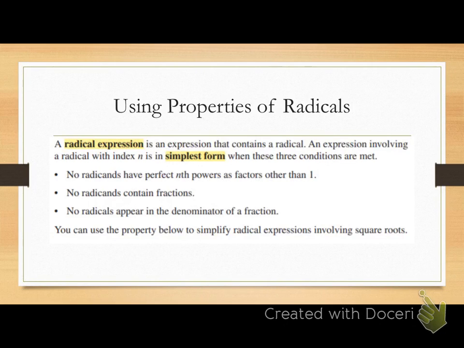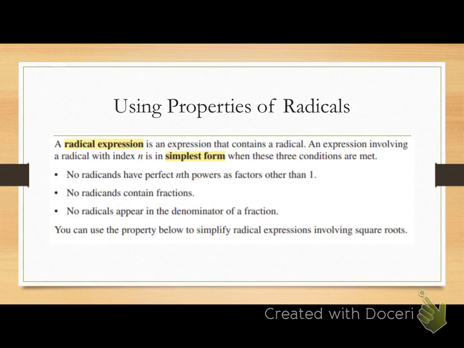No radicands contain fractions, so I can't have a fraction inside my radical. And no radicals appear in the denominator of a fraction. I can have a radical in a fraction, I just don't want a radical in the denominator, the bottom of the fraction. Then we can use the property on the next slide to simplify radical expressions involving square roots.